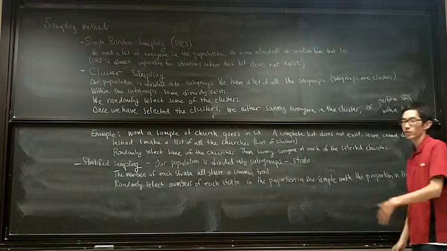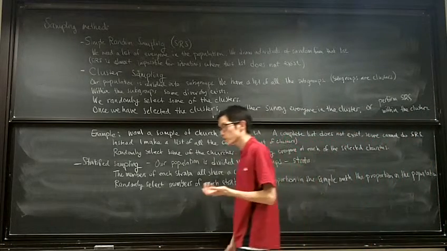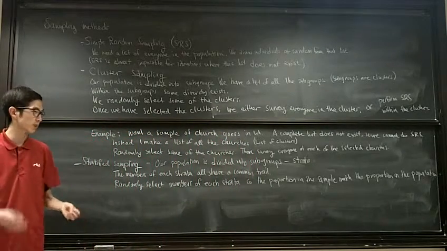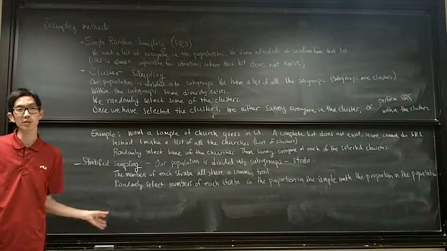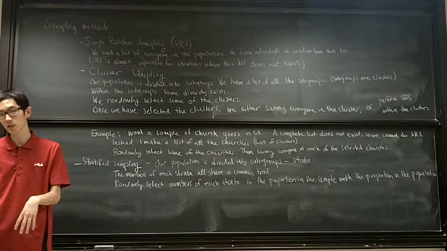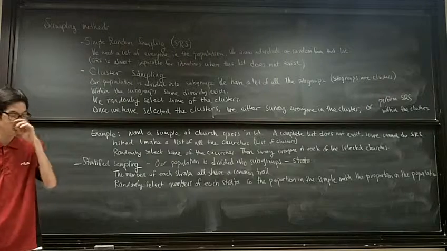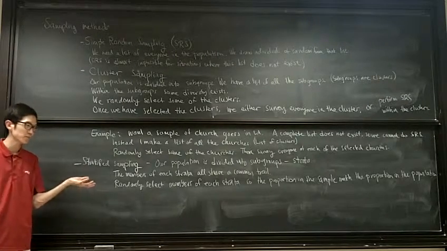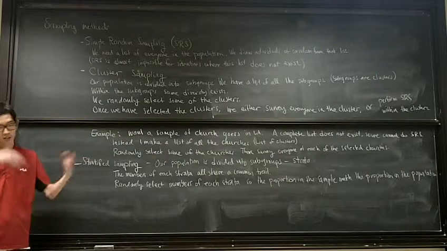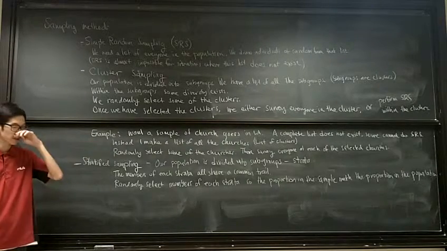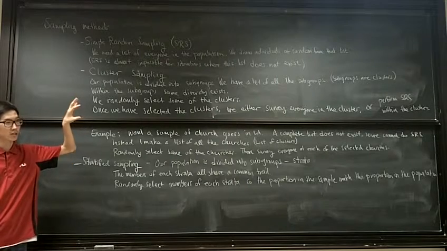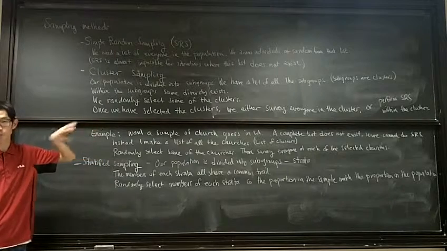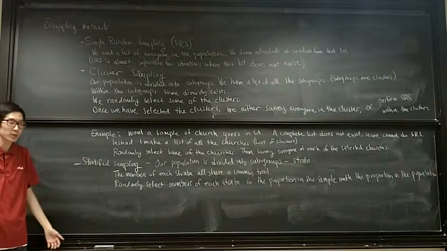So if the population is 50% male and 50% female, you randomly select males and randomly select females so that 50% of your sample is male and 50% of your sample is female. Okay? If the population is, let's say, 30% white and some other percentage of another ethnicity, you pick your sample so that 30% of your sample is white, so it matches the proportion that exists in the population.